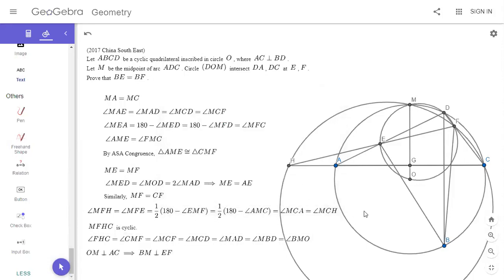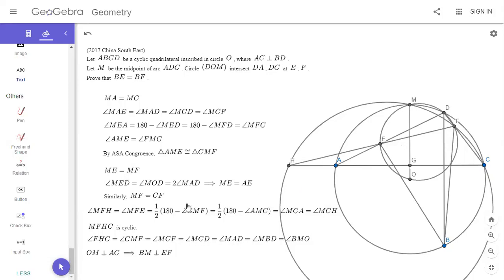Do you guys kind of see what I'm saying?